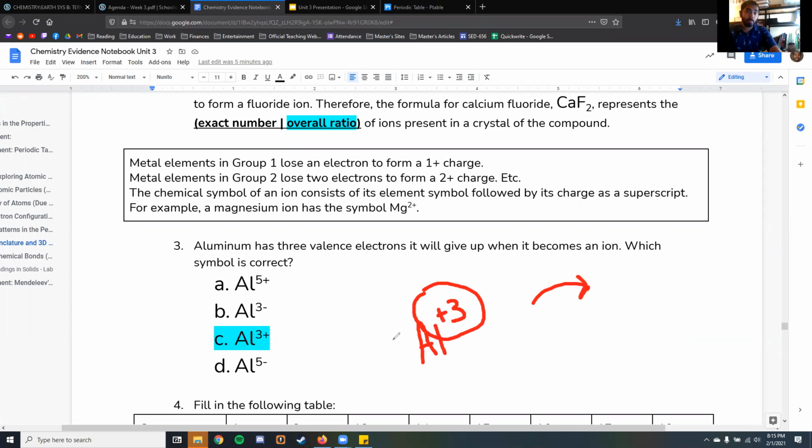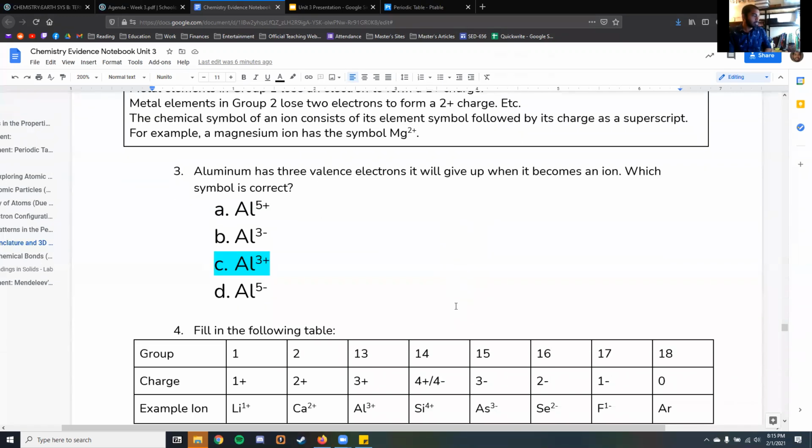So aluminum becomes more positive now, right? It had a center here, and it had some electrons around here, and these guys just skedaddled off, and now aluminum is just more positive. It's like leaving a bad relationship. And so aluminum is a positive ion.